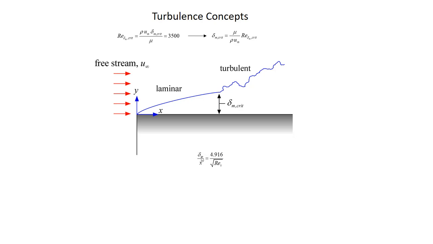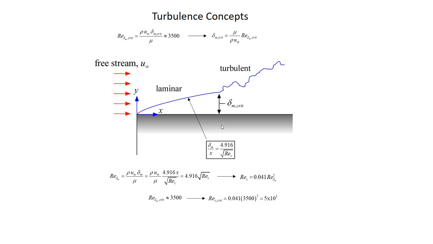And if I just take this equation and substitute it up here into my critical Reynolds number, right? So as long as I haven't transitioned yet, this equation is valid. I can do a little bit of algebra. So here's my Reynolds number defined in terms of delta sub m. All I'm doing now is solving this equation for delta sub m and substituting the result here.